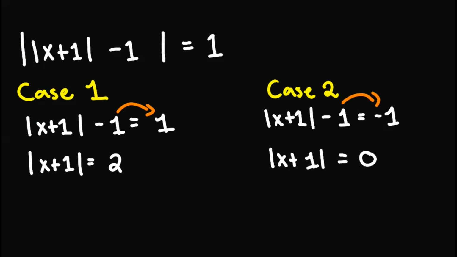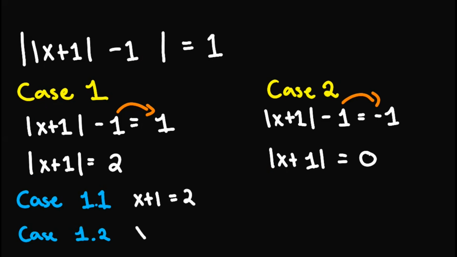And now we have another series of absolute values. For this first case, note that since this is positive, we'll have another two cases. So we'll write that one as case 1.1 there, and case 1.2. So again, if it is positive, we either have x plus 1 equals 2 or x plus 1 equals negative 2.